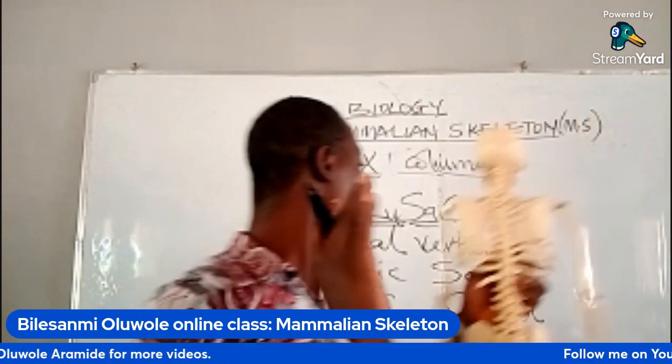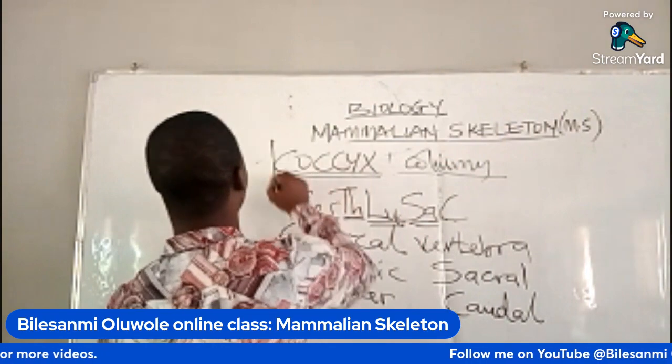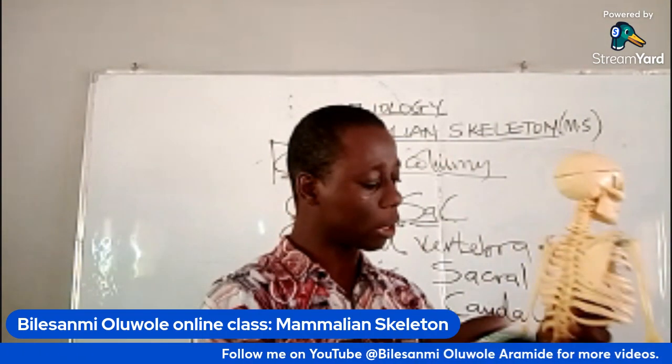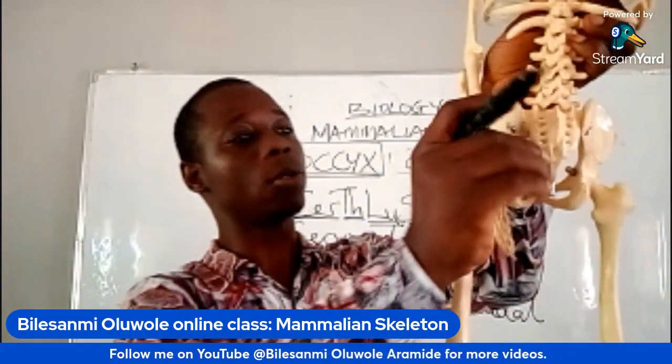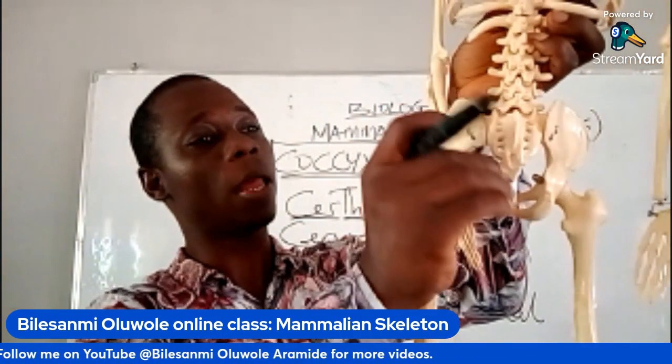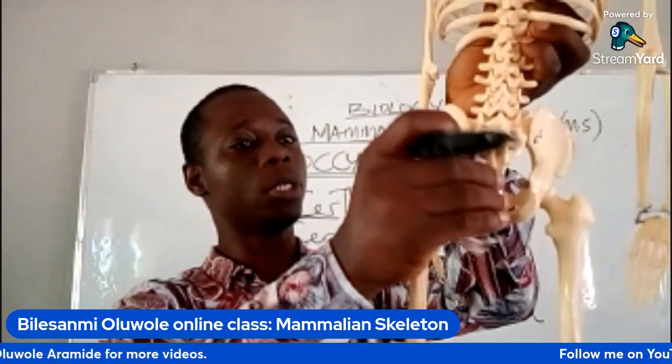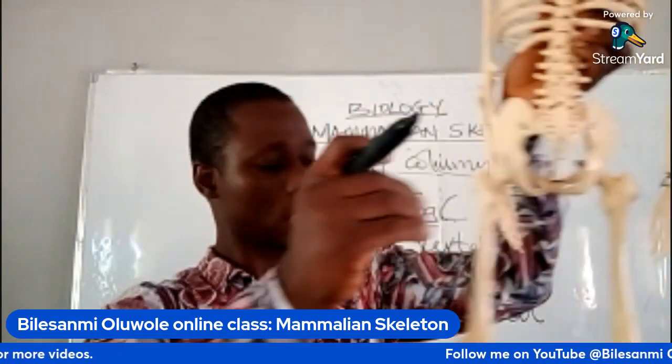The coccyx is found at this region, our hips region. You can see that.